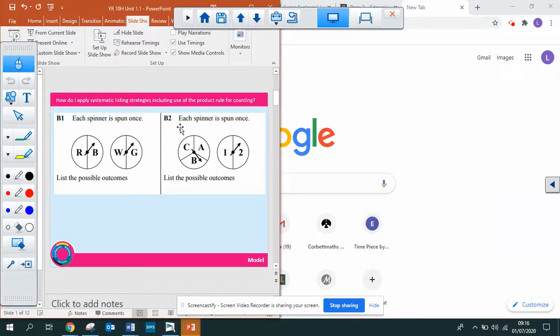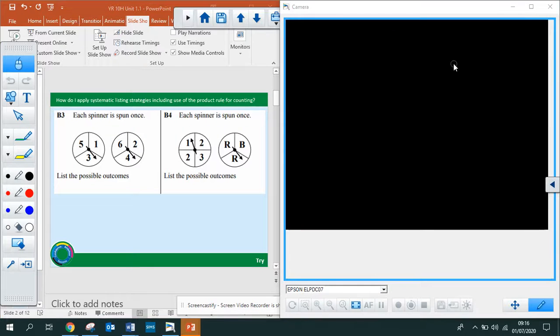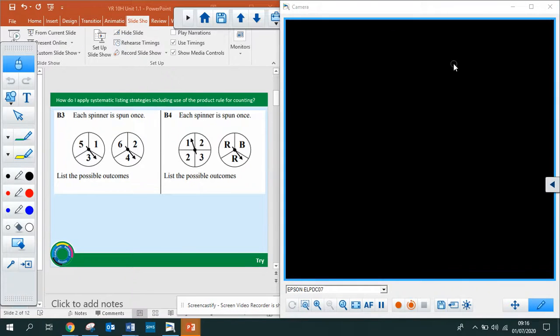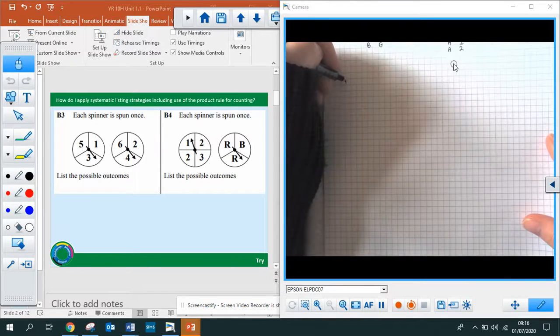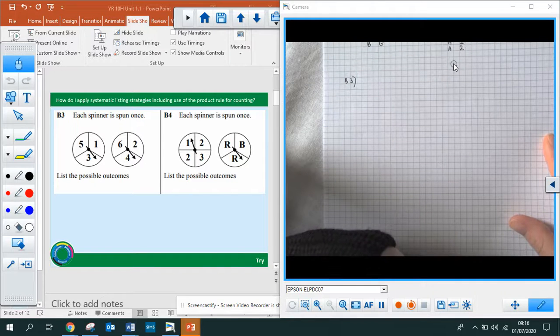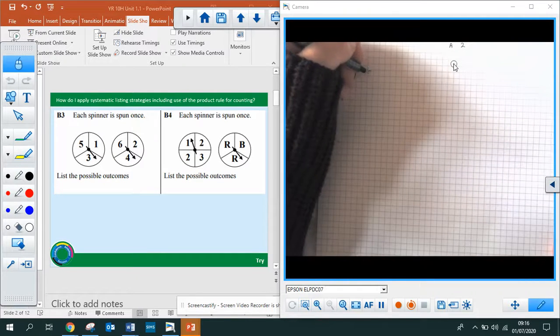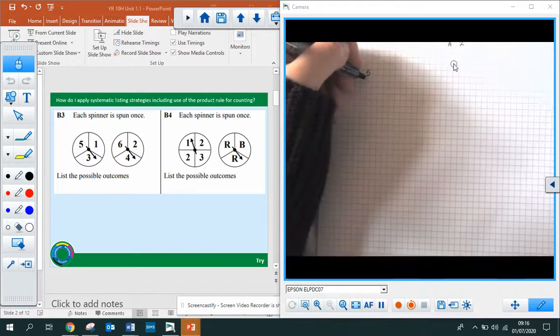Okay, so let's have a look then at the solution for your try activity. So, each spinner is spun once, list the possible outcomes. Okay, you've got 3 options on your first spinner, 3 options on your second. Therefore, if I started with the number 5, there's 3 possible numbers that could go with that number 5.